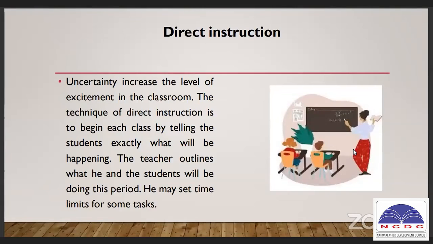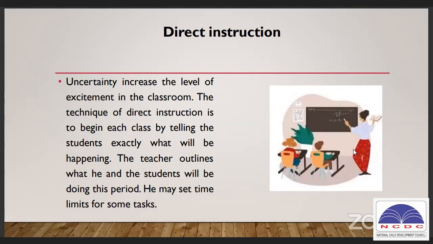And direct instructions. Uncertainty increases the level of excitement in the classroom. The technique of direct instruction is to begin each class by telling the students exactly what will be happening. If you are going to take a subject today, they have to have a small explanation. The teacher should always explain to them what we are going to do.